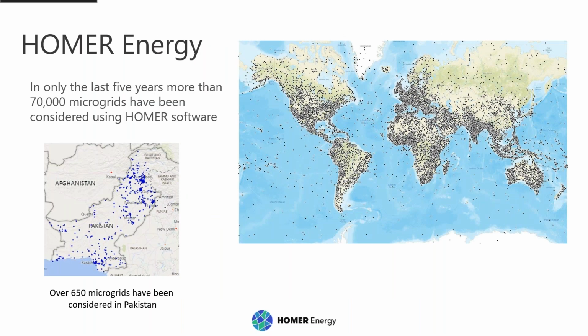And so what is occurring through this whole process is, as I said earlier, a great deal of interest in microgrids around the world. On the map that you see on the screen, each dot represents a microgrid model that has been run using our software around the world since 2014, so really, I guess you could say January 2015.